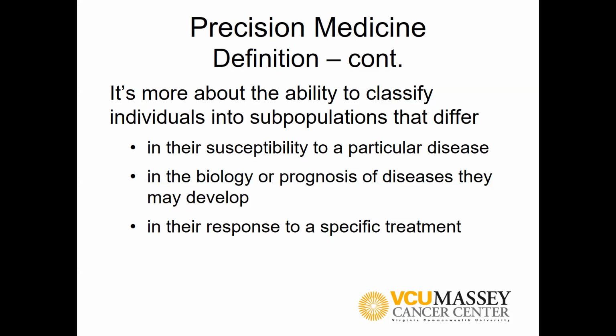So what we're trying to do is create subpopulations of the patients based on the specifics of their diseases, in terms of maybe a patient is more susceptible to a specific disease, or once the disease is there, they might have a better or worse prognosis based on the biology of the actual tumor, and depending on what kind of treatment we have available.